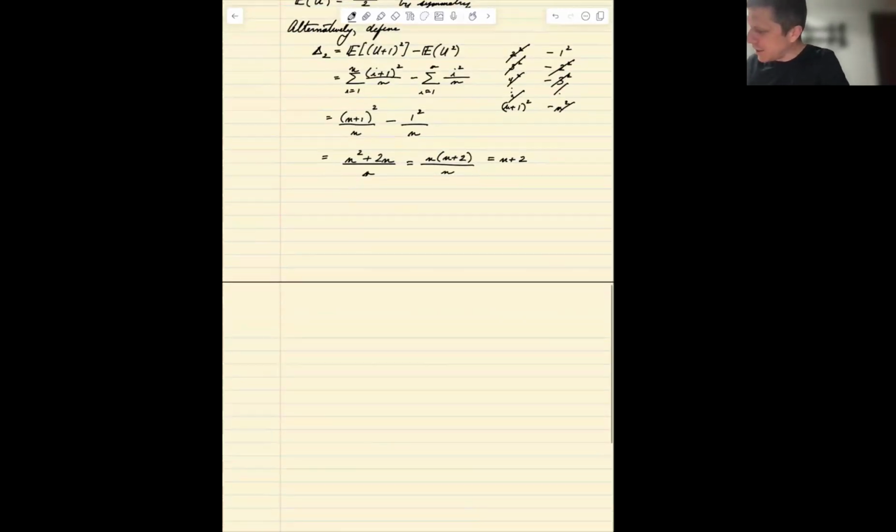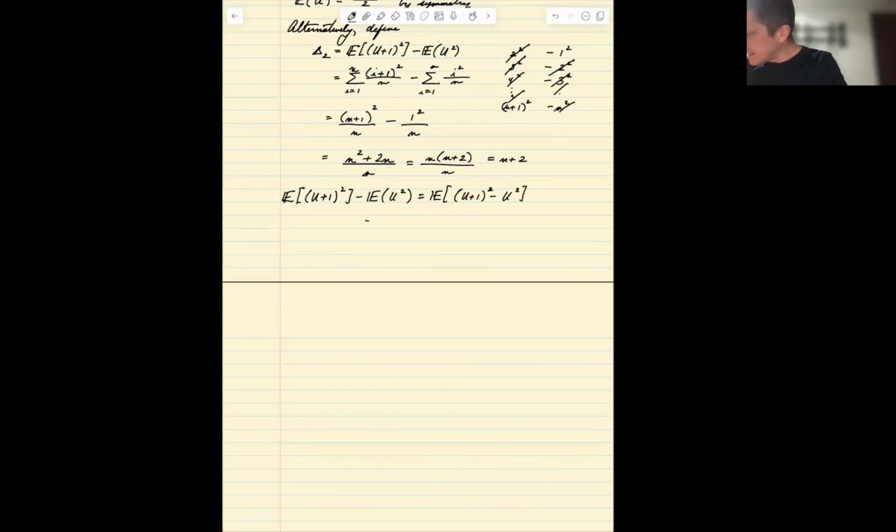But we can also see, alternatively, that the expectation of (U+1) squared minus the expectation of U squared, we can combine into a single expectation by reversing the linearity of expectation.